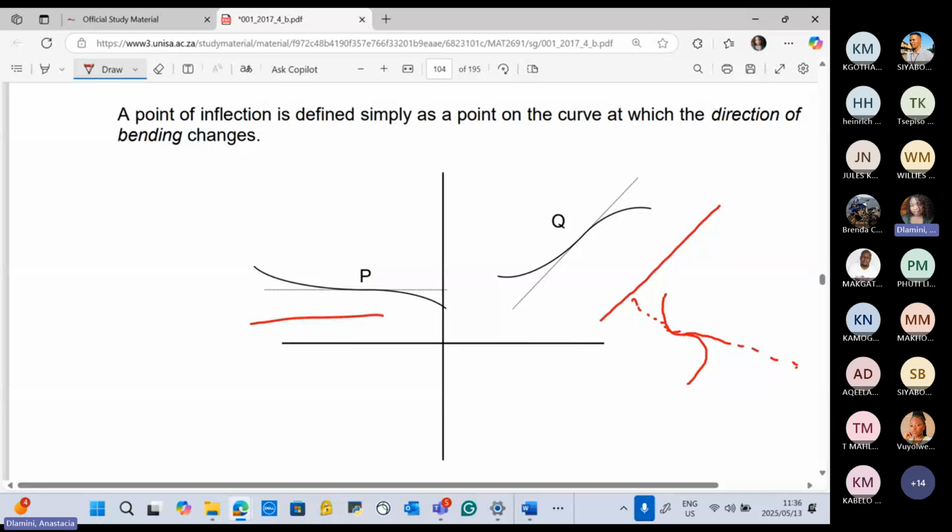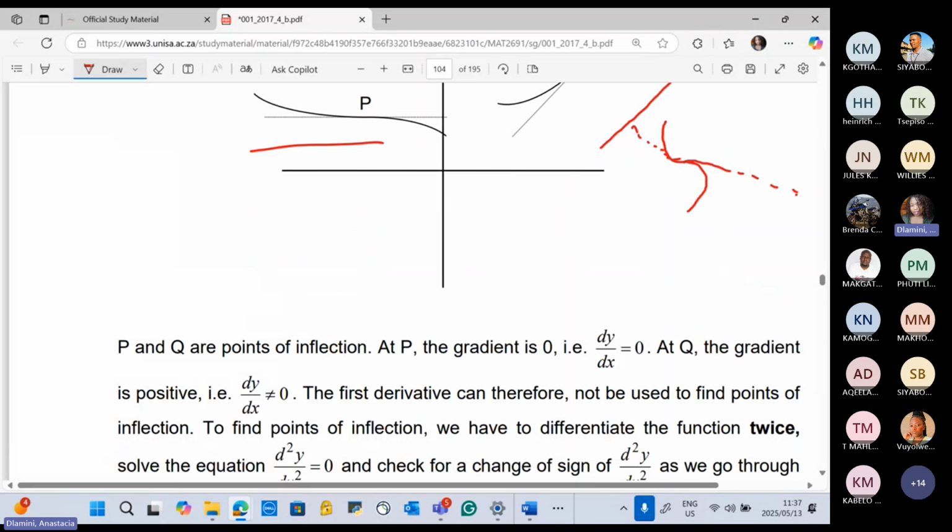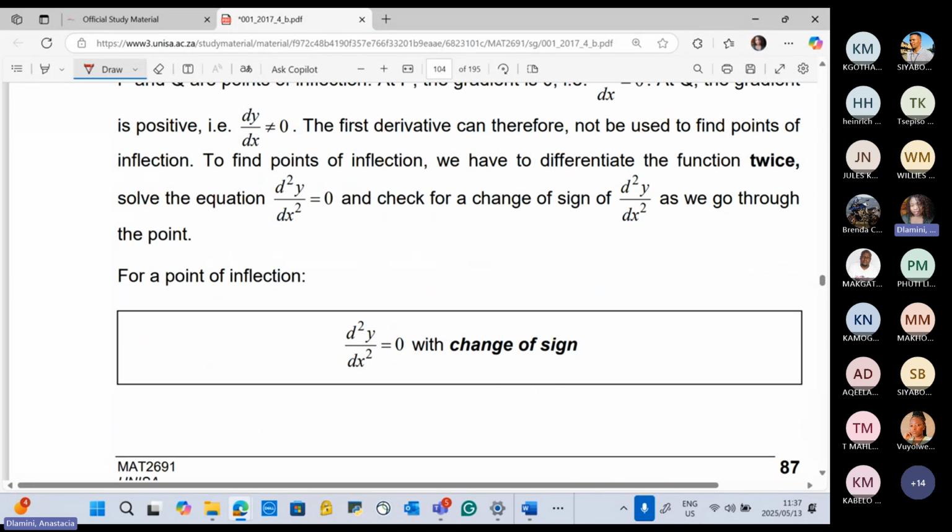So you might have positive and negative gradients, but you don't have a horizontal line. That's why we're not using the first derivative. We're going to use the second derivative to find the point of inflection, and we need to consider whether it changes sign or not, as we will see in the examples.